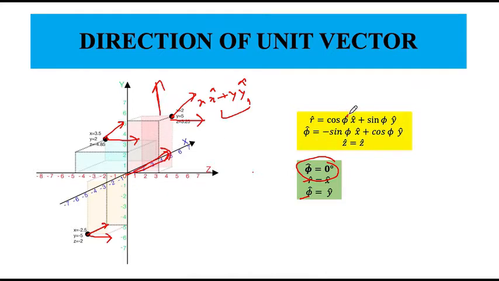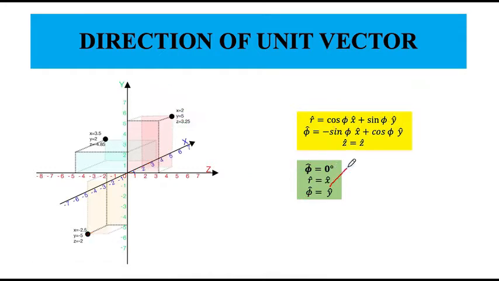If I put phi equal to 0, cos phi is 1, sin phi is 0, so this term is not there, so r hat is totally pointing along the x direction, correct? So if this is my x axis and this is my y axis, r hat is pointing along this direction. Interesting. What happened with r hat at phi equal to 90?